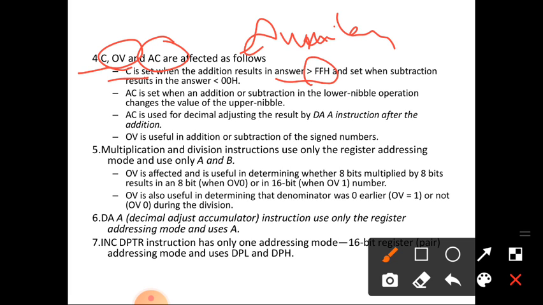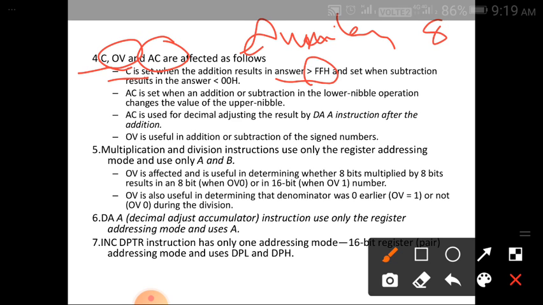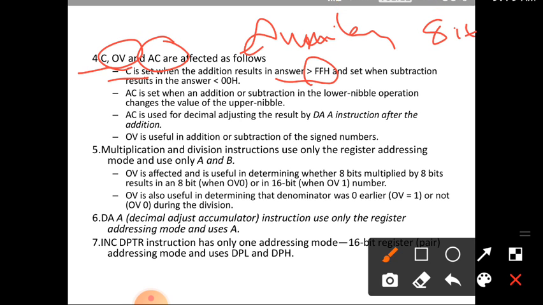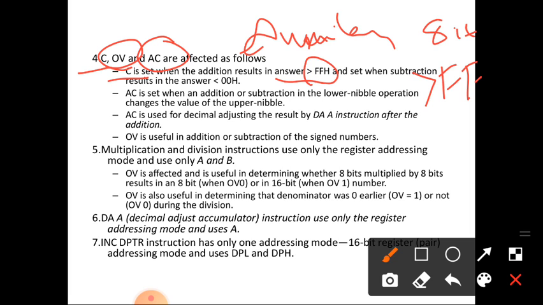The maximum value in 8-bit data operation is FF. So if the answer is greater than FF, then the carry flag will be set.